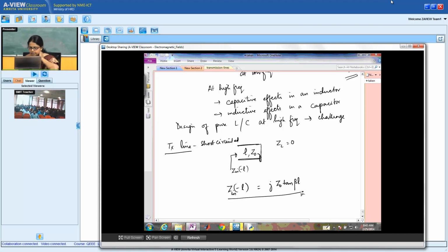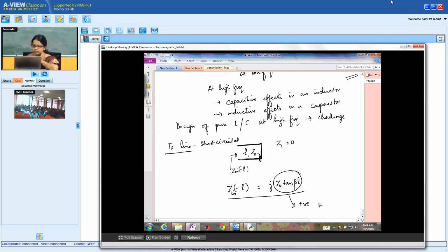Now, we can think about using this section of the short circuited transmission line as a pure inductor or as a pure capacitor. When would it act as a pure inductor? When this quantity is positive.